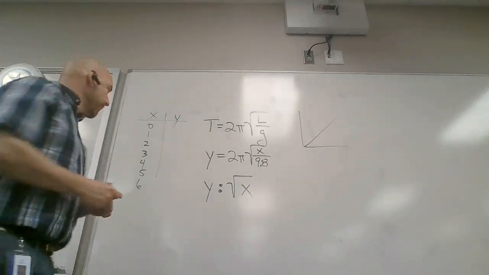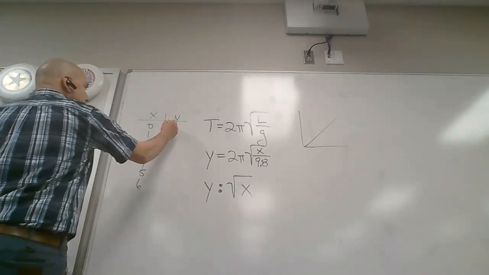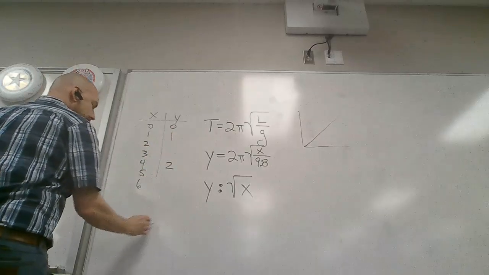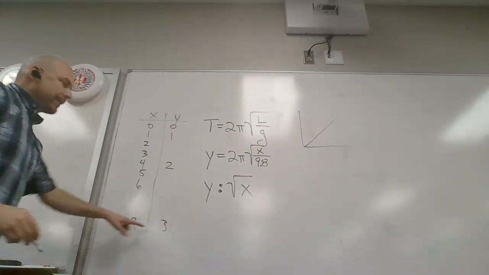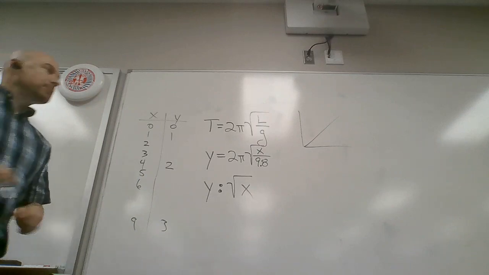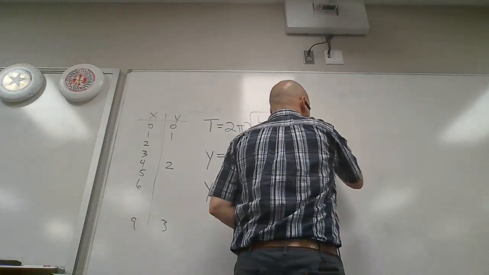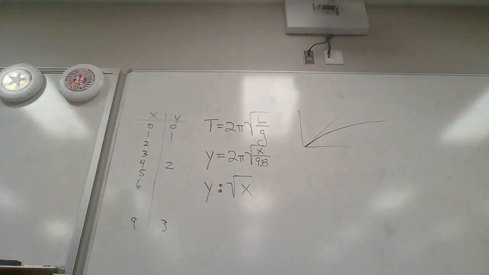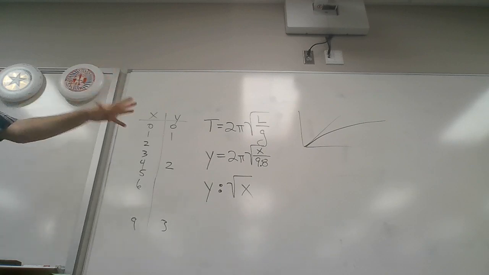No. So like 0, 1, 2, 9 would be 3. It's doing something like that. Does that make sense? That's a really good skill, not only in this class, but just in general.